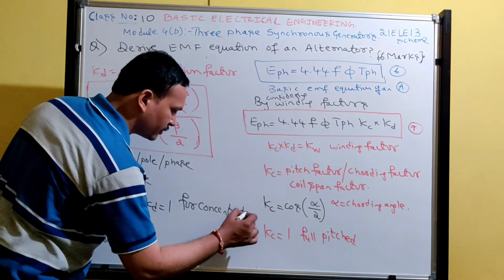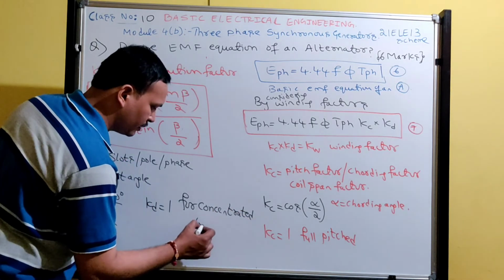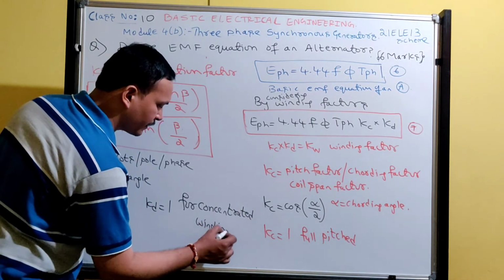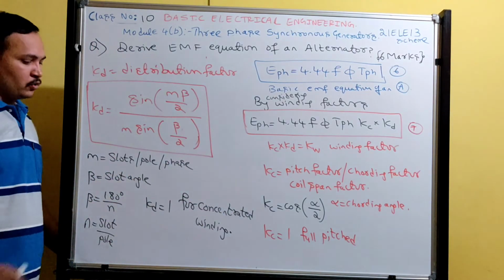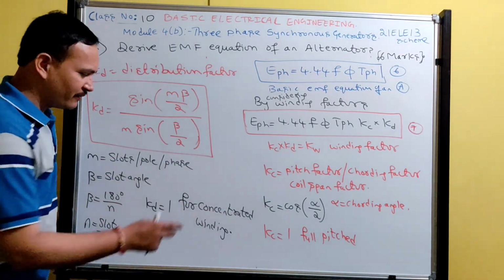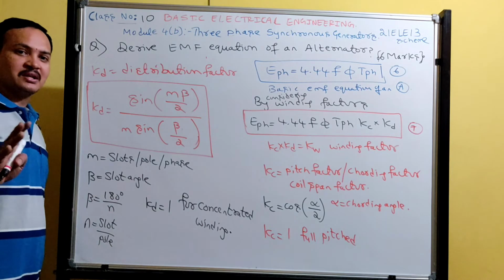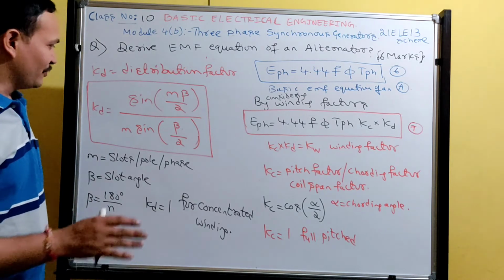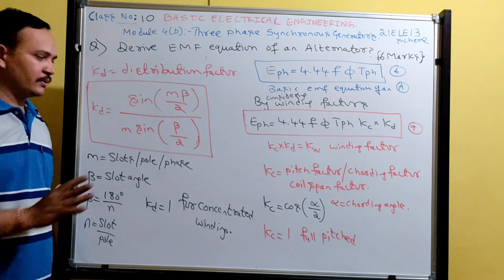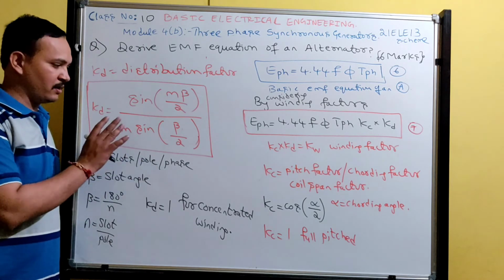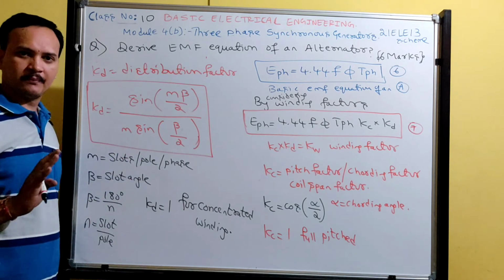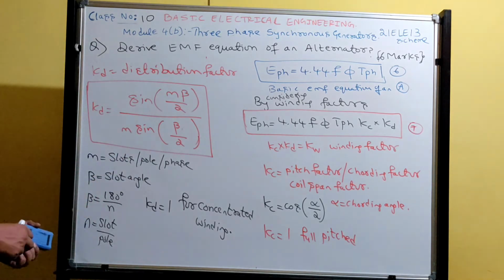If in the question they give distributed, you must calculate Kd. 2 to 3 marks will be there for this calculation. Understood, guys?